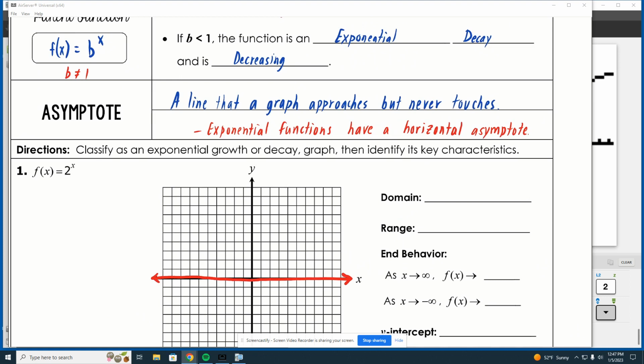Do y'all remember how to name the x-axis? Horizontal lines are all based on what axis that it crosses. Y. So how would you name the x-axis? y equals 0. y equals 0 is your horizontal asymptote for any exponential function that has had no transformations.